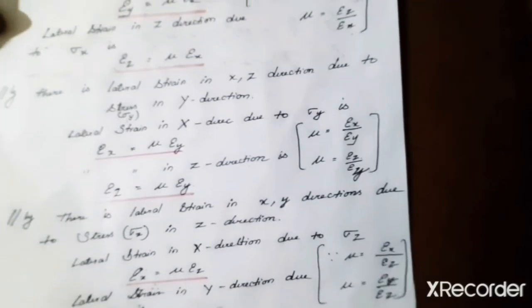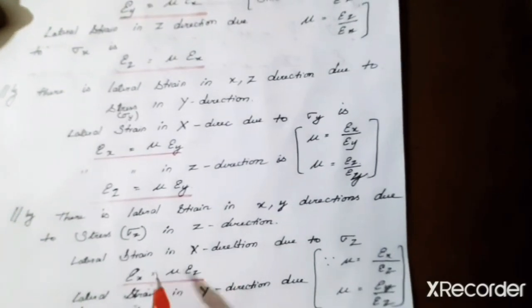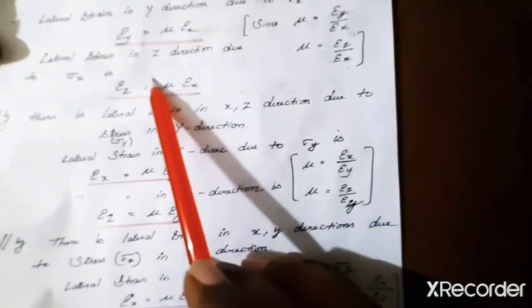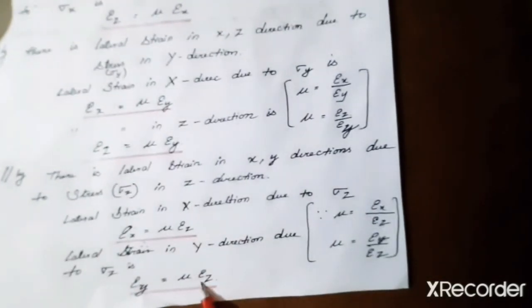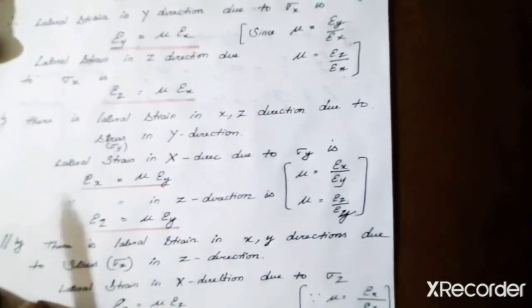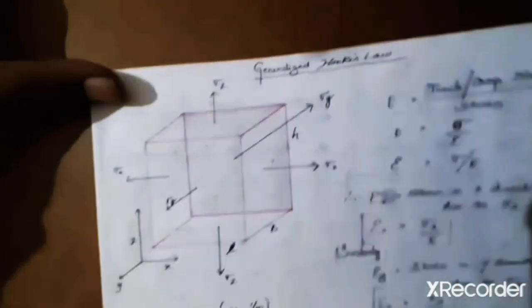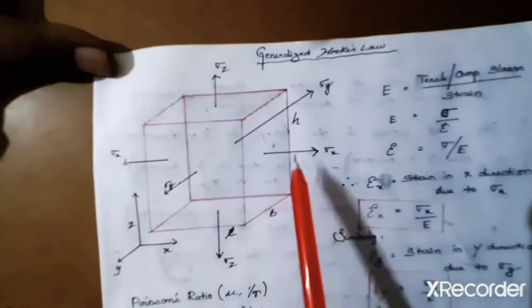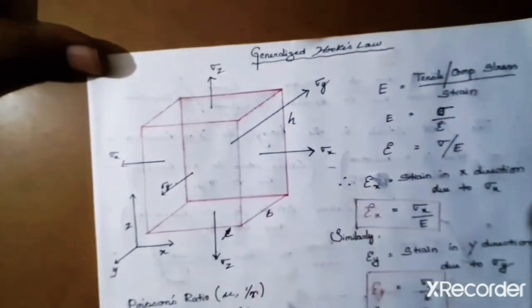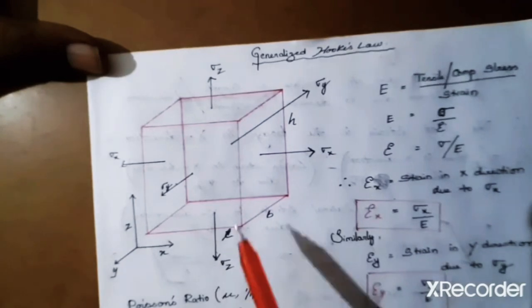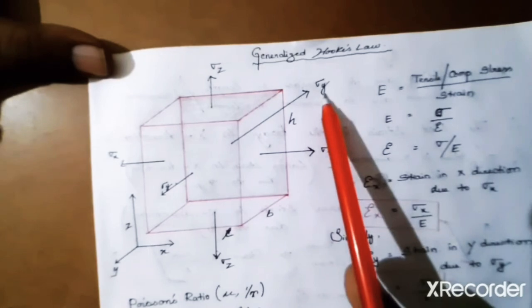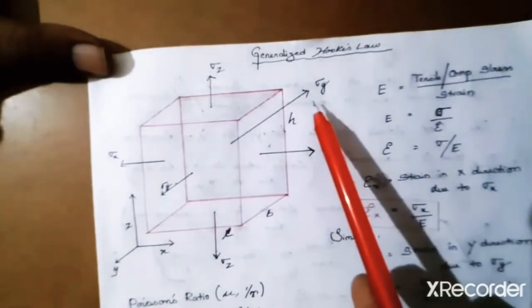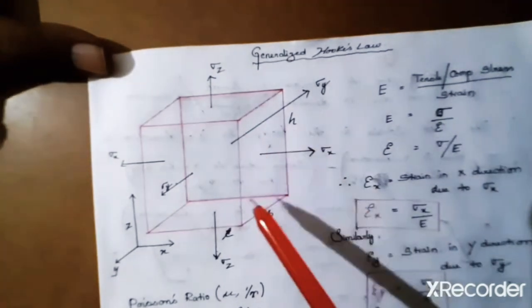So if you observe these equations here, 1, 2, 3, 4, 5, and 6, and this figure here. Because of sigma x, there is one longitudinal strain and there are two lateral strains. Similarly, because of sigma y, there is one longitudinal strain in the direction of y and lateral strains in x and z direction.